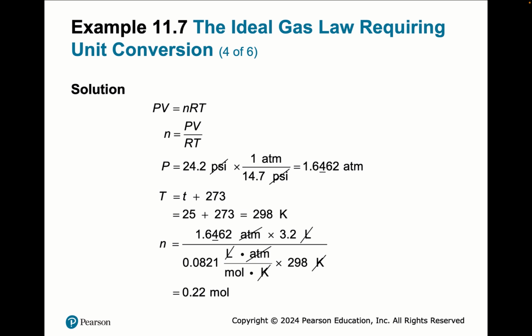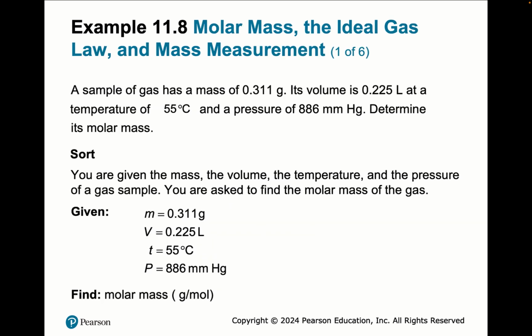You can look up R values for different units. I don't really like doing that. I like just converting everything to atmospheres. That's the way I do it personally, but it's whatever floats your boat. If you want to memorize or look up the different values of R, that's certainly a valid way to do it. I like the way the book does it, where we just do everything in atmospheres.